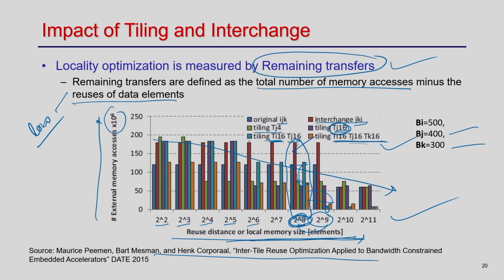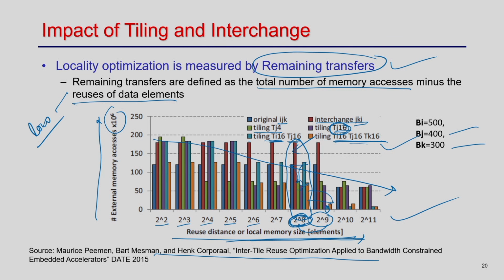Among all these three, your performance may be impacted severely, and based on your application you have to choose the right combination. That is what I am trying to highlight with this example: loop tiling and loop interchange can give a huge benefit if you choose the parameters correctly, and remember you have to do this manually.